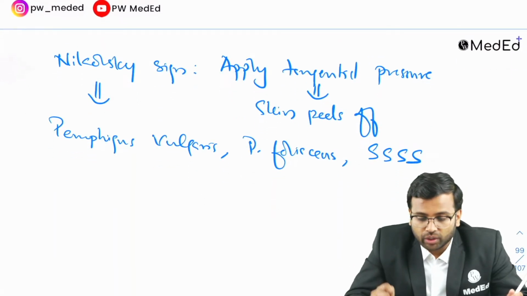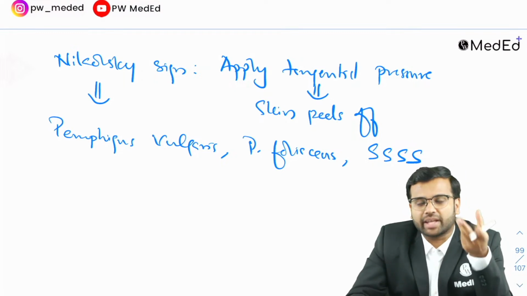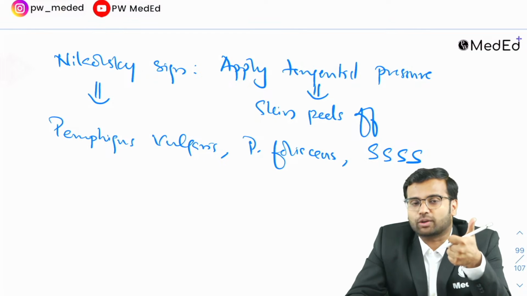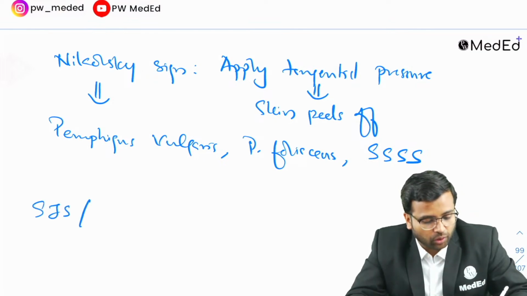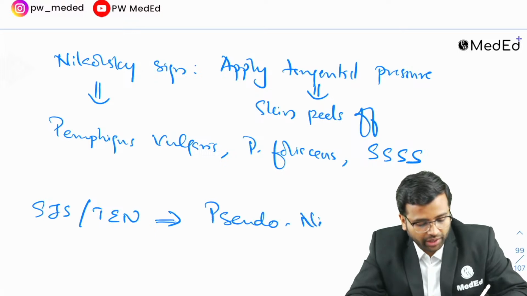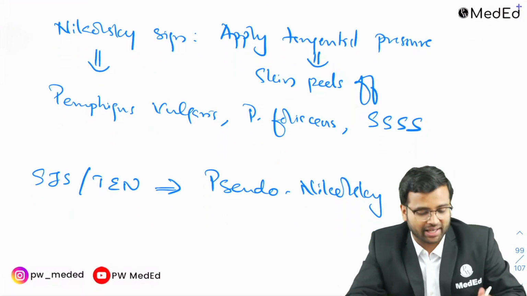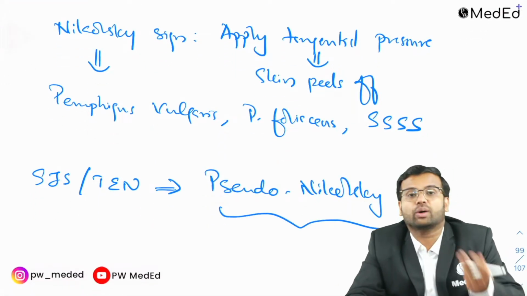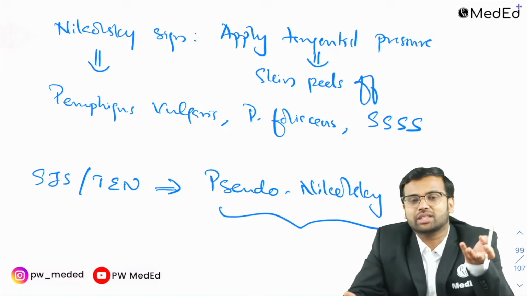Now today we have discussed another drug reaction which is called Stevens-Johnson syndrome and toxic epidermal necrolysis. In Stevens-Johnson syndrome or toxic epidermal necrolysis, what we can see is a pseudo-Nikolsky sign. Why is it called a pseudo-Nikolsky sign? Because here the etiology is different.